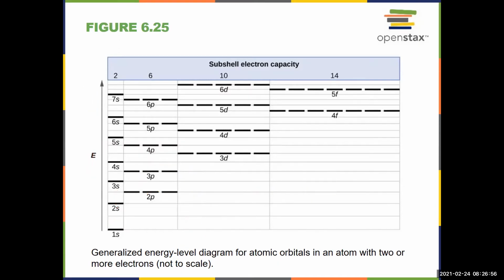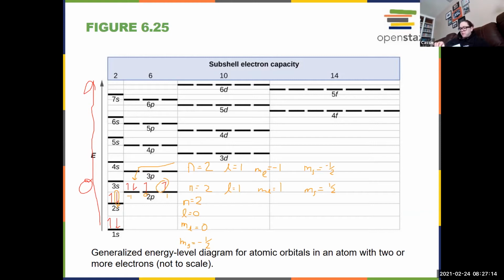Wait, Dr. Henry, I have a question. Last lecture you said that you fill in the 4s before the 3d, right? Why is that? Because it has a lower energy level.